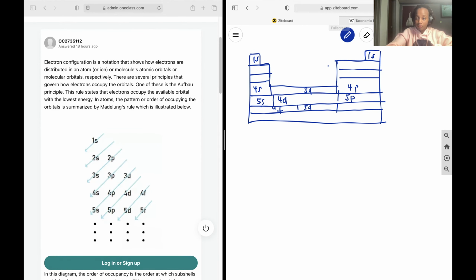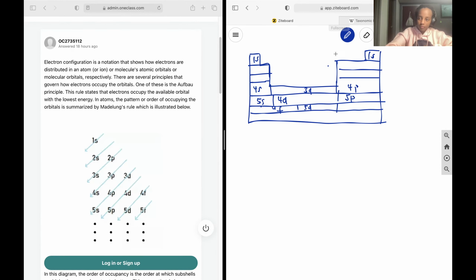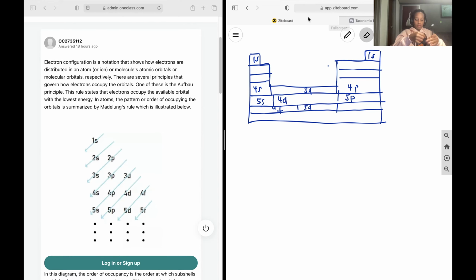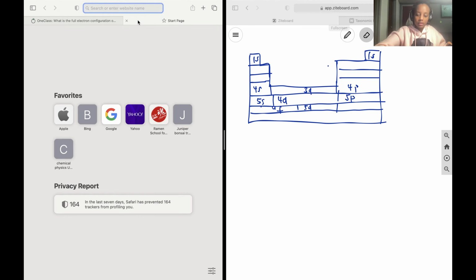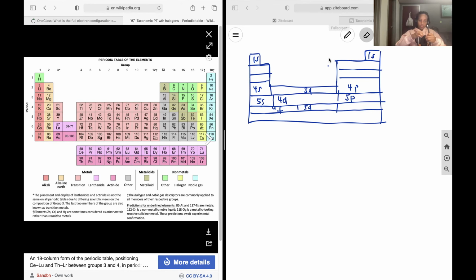So for our question, we would like to find barium, which is right here, thankfully, before we hit the lanthanides and get into the F situation. In the case we'd like to get to barium, let's first write the shorthand electronic configuration.